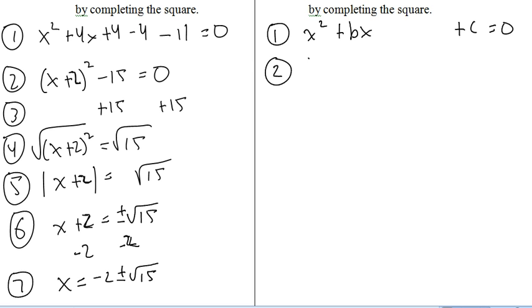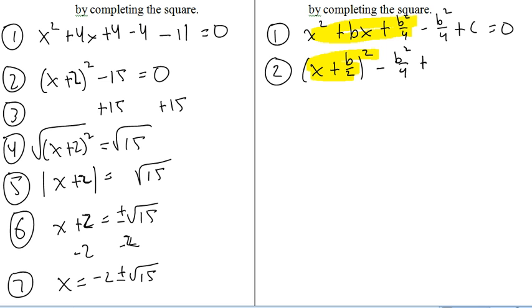And then in step 2, I have to take half of b, which is b over 2, put it in there squared. And then I need to add b over 2 squared, which is b squared over 4, and subtract b over 2 squared, b squared over 4. Okay, and now these two things are the same. So on the outside, I'm left with negative b squared over 4 plus c.